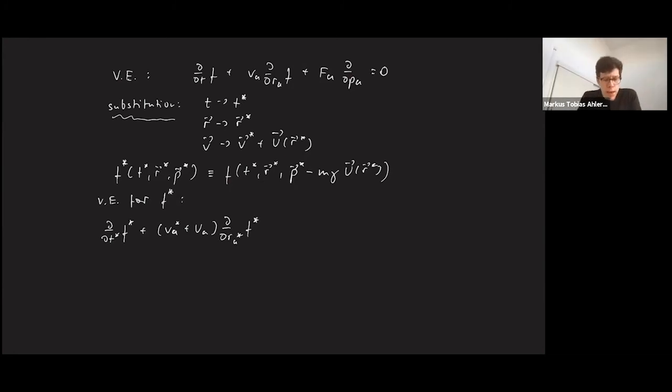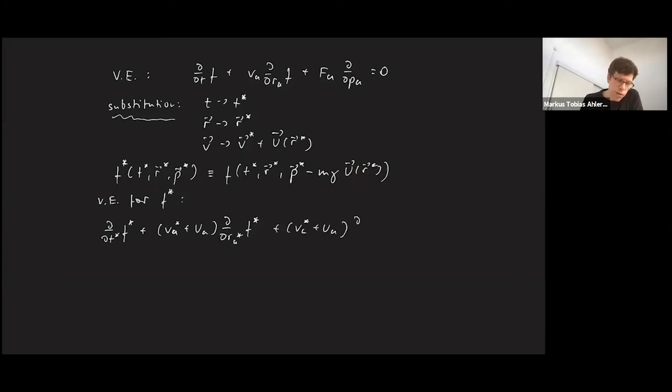But then I also have in this equation a dependence on the location in the momentum term of the original equation. So that means if I now look at the gradient of this expression, I have to add a second term, which is now V_A star plus U_A.